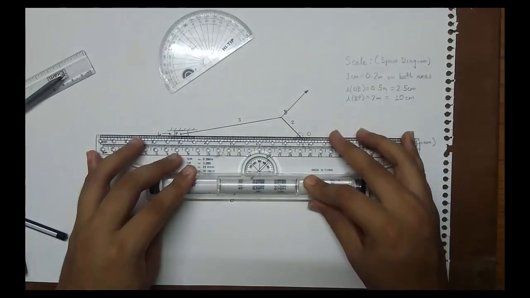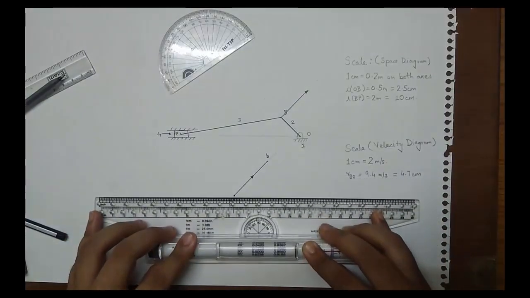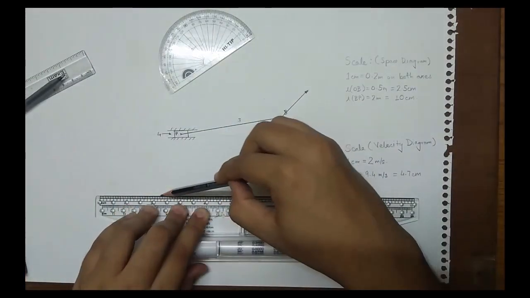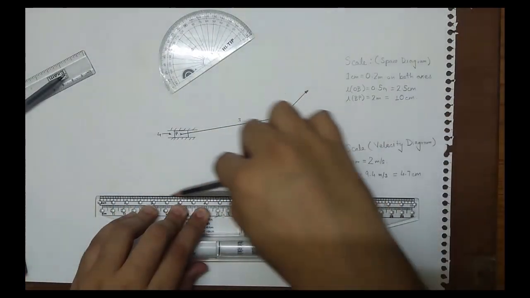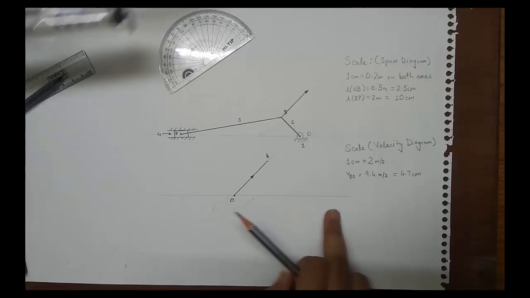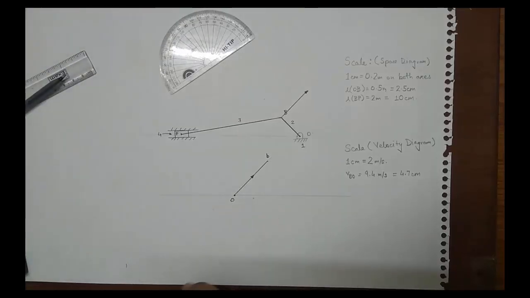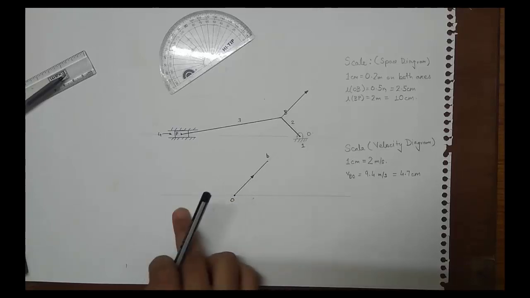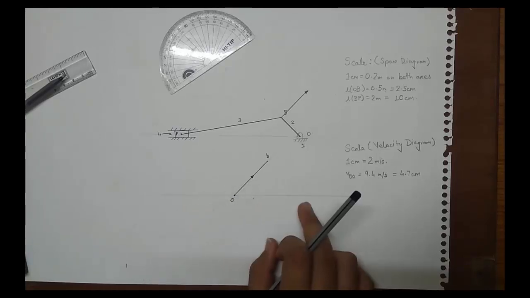Why? Because P can only move in the horizontal direction, hence its velocity will also be in the horizontal direction. This is where its velocity will be. So we know that P lies somewhere on this line, but where exactly we are still not sure.